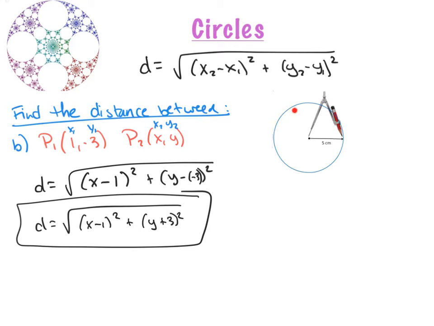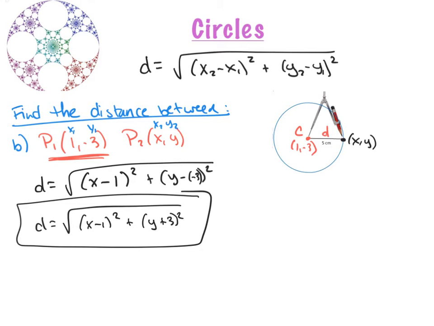Okay, here's where I'm going with this. A circle, remember, is defined to be all of the points, we called them x, y, that had the same distance from a fixed point. For this circle right here, the distance is 5 centimeters. So let's say that the center is given by the ordered pair 1, negative 3, just like in this problem here.